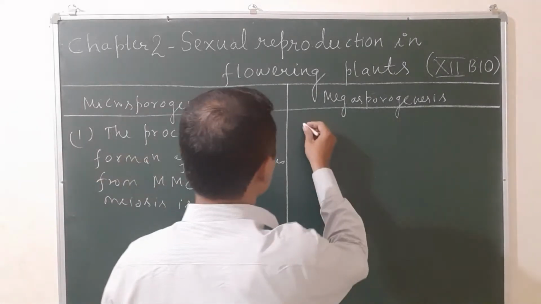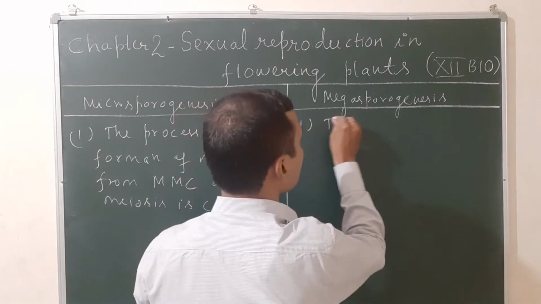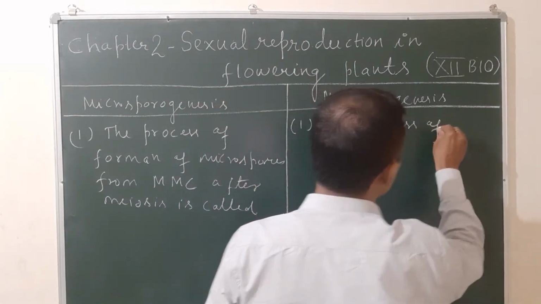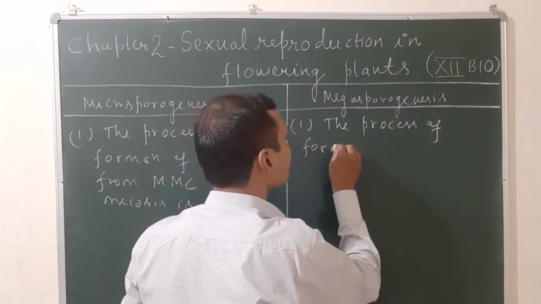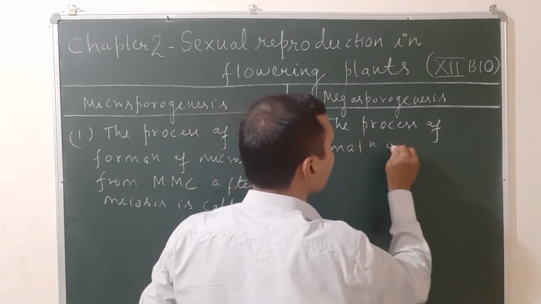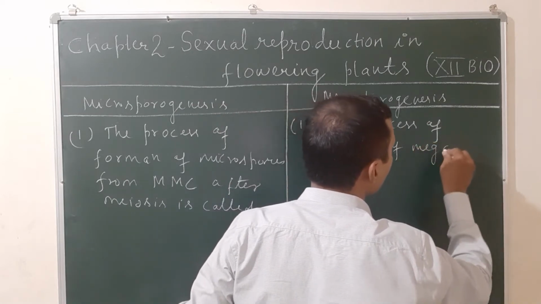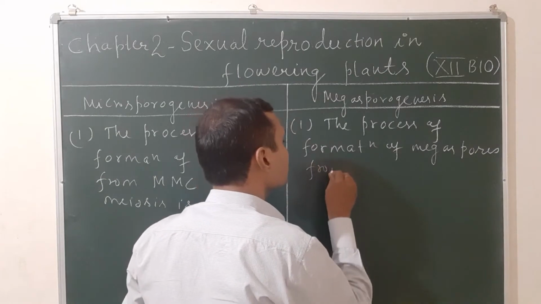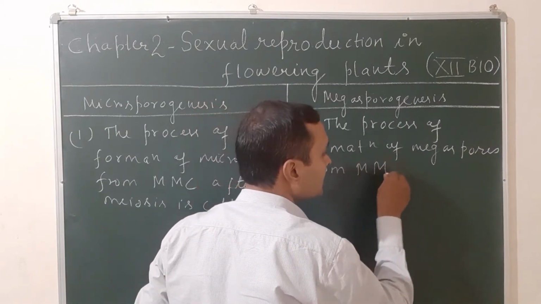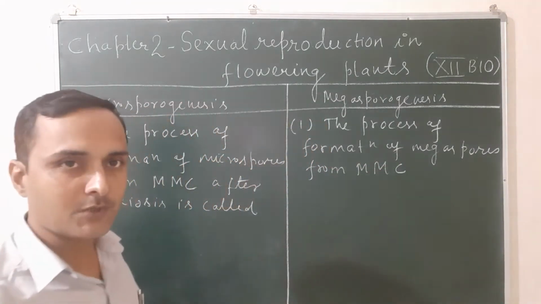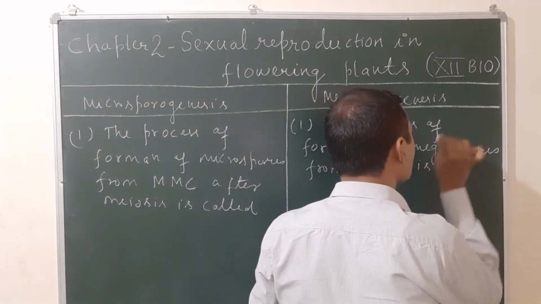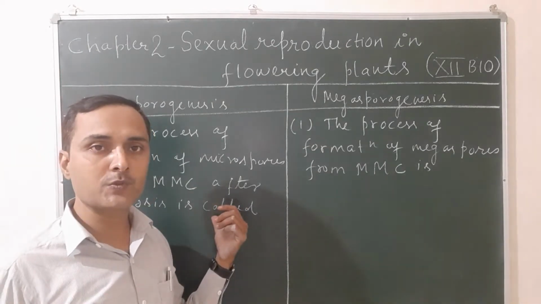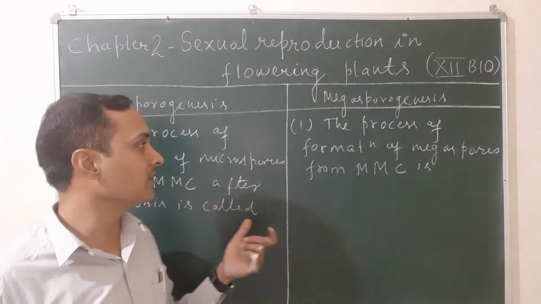And the process of formation of megaspores from megaspore mother cell is called megasporogenesis. So once again, we can differentiate microsporogenesis and megasporogenesis on the basis of definition.